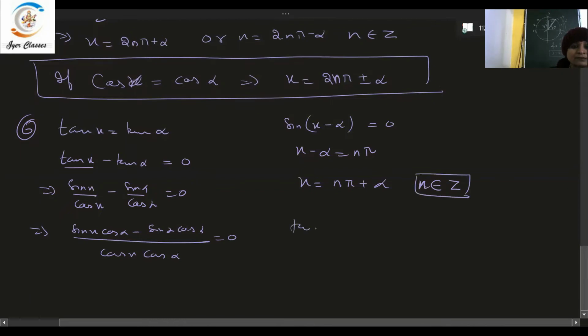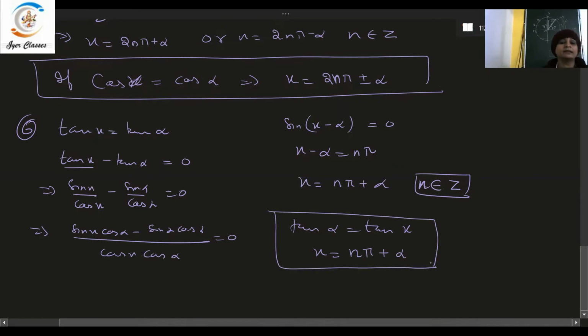So you can write if tan alpha is equal to tan of x, then x is equal to n pi, सिर्फ प्लस अल्फा आएगा, सिर्फ प्लस अल्फा आएगा, ध्यान रखिएगा. It is only and only the plus alpha. Clear? Denominator, I can say that is 0. Cos.